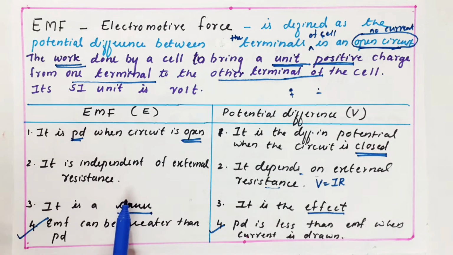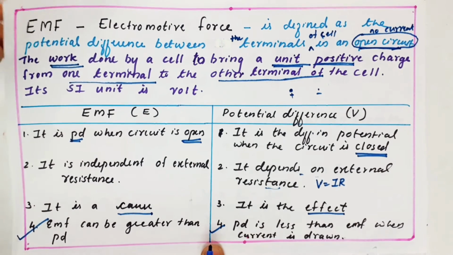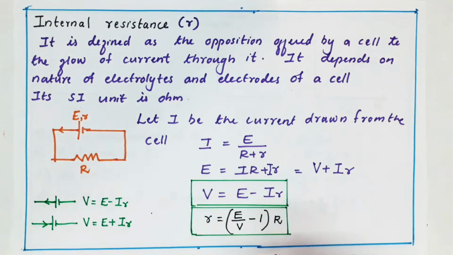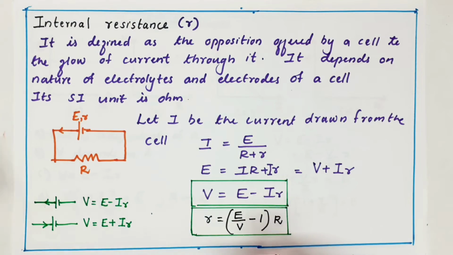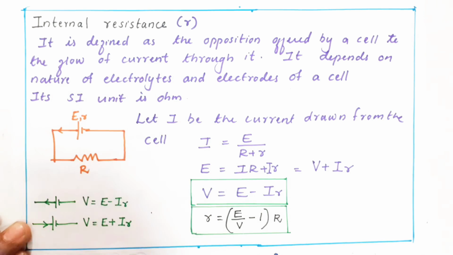EMF is independent of external resistance, whereas potential difference depends on external resistance. EMF is a cause, but potential difference is the effect. EMF can be greater than potential difference, but potential difference is lesser than EMF. Clear? Now, along with EMF of a cell, you have to remember another term called internal resistance.